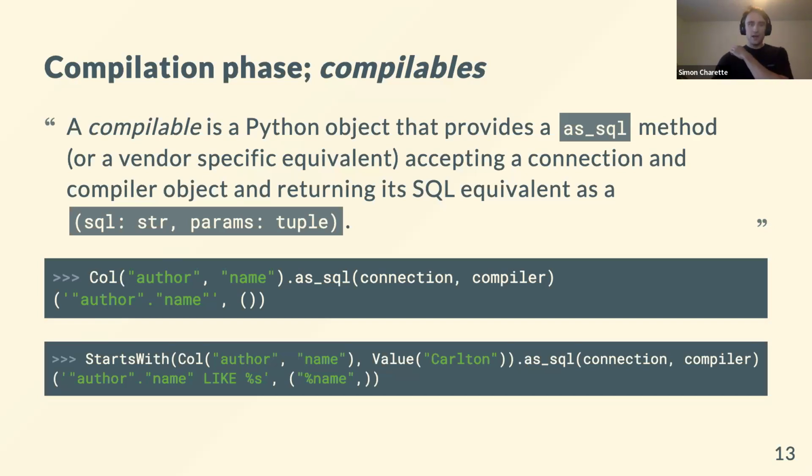So in this case, as we've seen, when we pass a Col, its as_sql gets compiled to the left-hand side, so the part on the left-hand side of the LIKE in the SQL. And the literal value Carlton in this case gets compiled to a parameter placeholder, so the percent sign s, and the name itself is a parameter because it's a literal value that we want to pass down to the ORM.